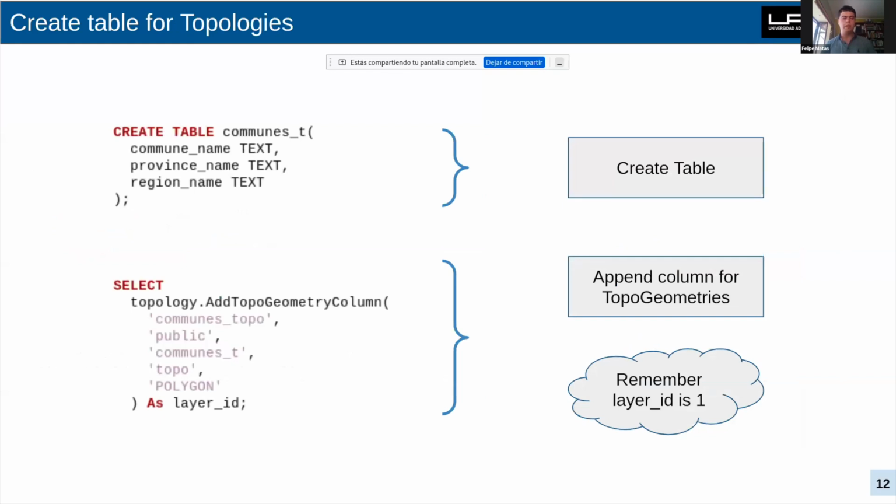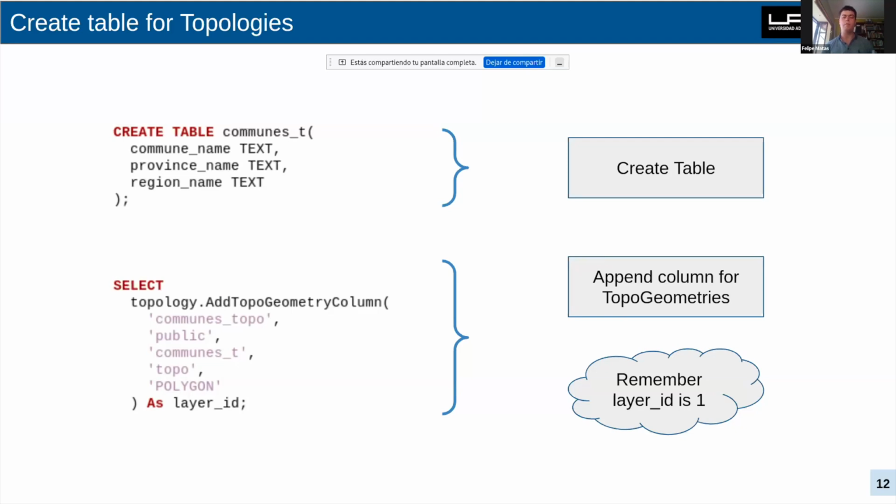Creating a topology table is actually very easy, but we will check deeper how to interpret this. First, we need a table to store the data, just the commune names, province, and region. And to create a column to store the topologies, we will use a special function where we need to specify which topology to use, the address for the table, choose a column name, and finally, which type of primitives we will use.